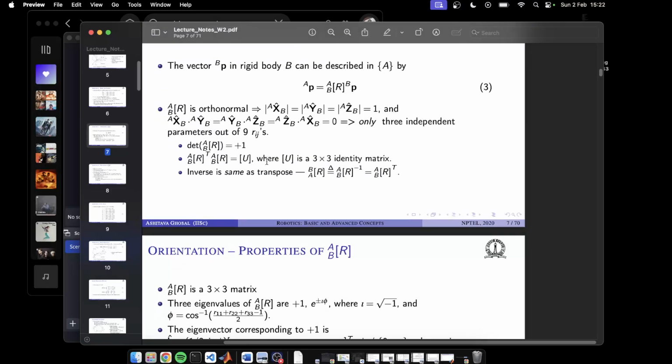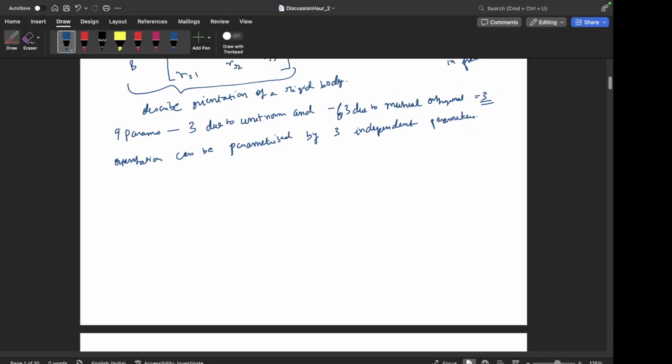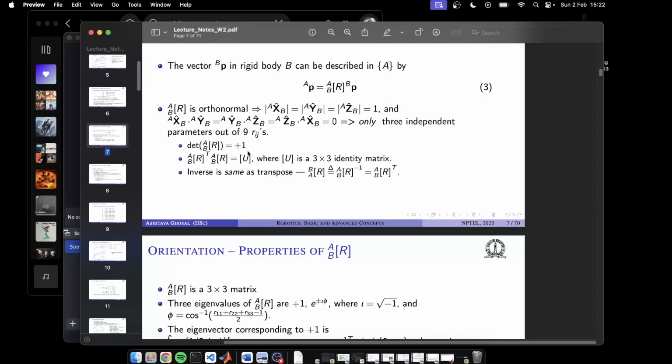Now, a few other important properties are, the first, most common and most useful, is that the determinant of R should be unity. So determinant of R should be unity, right?